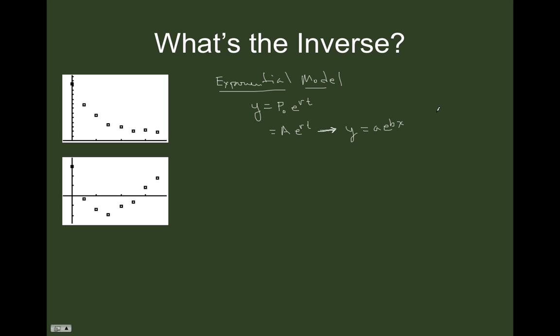It just has different letters for constants and a different letter for the independent variable. Now, generally, t is time in the exponential model, but it doesn't have to be that way. In this case, I'm saying x is depth, and y, the moisture content, is related to depth in an exponential fashion. And there's nothing wrong with that.